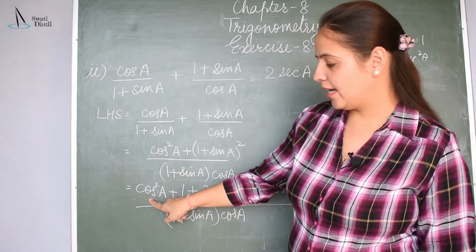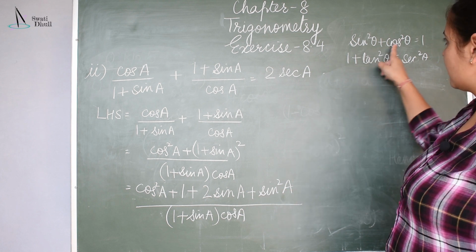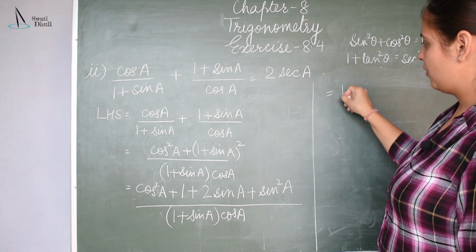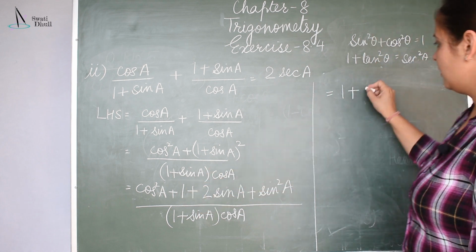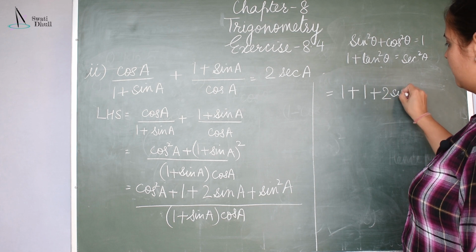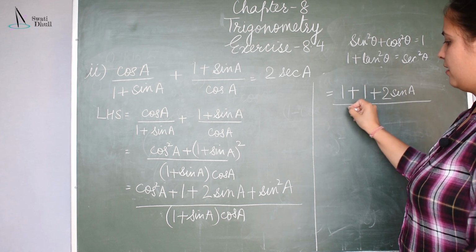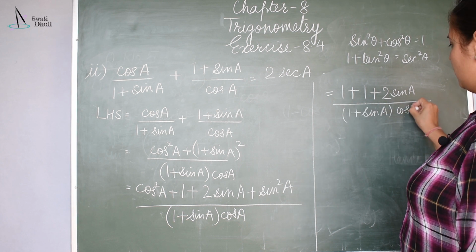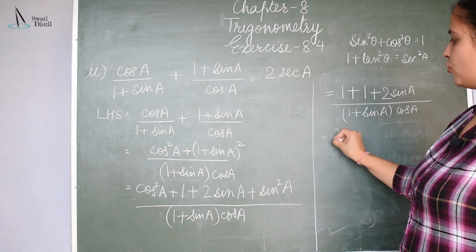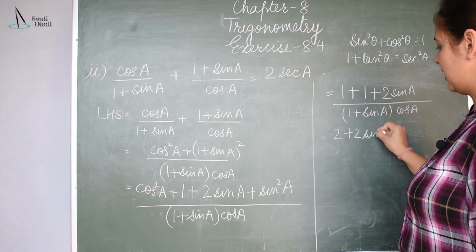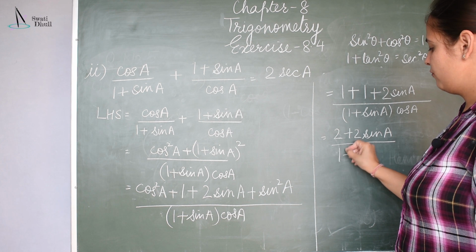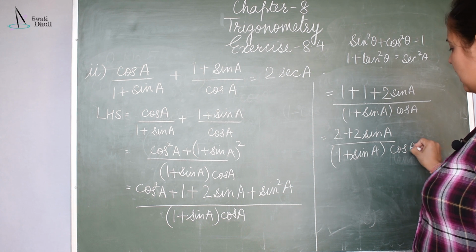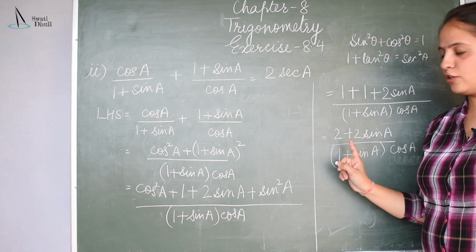See, cos square A plus sin square A makes 1. Sine square theta plus cos square theta is 1. So it will be equal to 1 plus 1 plus 2 sin A divided by (1 plus sin A) into cos A. So 1 plus 1 is 2, plus 2 sin A, divided by (1 plus sin A) into cos A. Now see, in the numerator you can take 2 common.